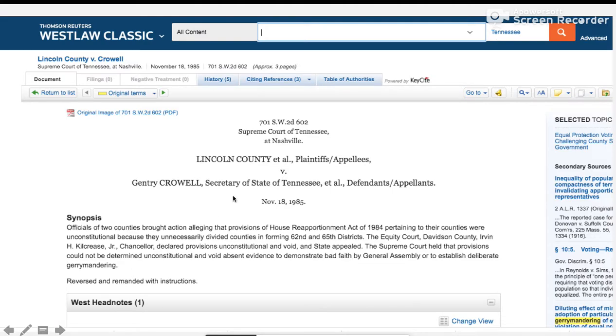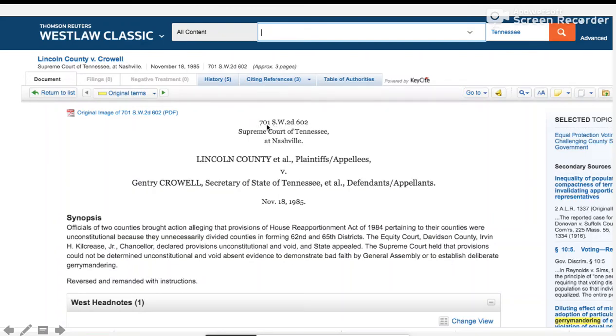When you're actually looking at the case, if you were to pull it up on the Westlaw website, here you have the parties. You have Lincoln County versus Gentry Crowell, so Lincoln County v. Crowell. This is where you find the reporter information.